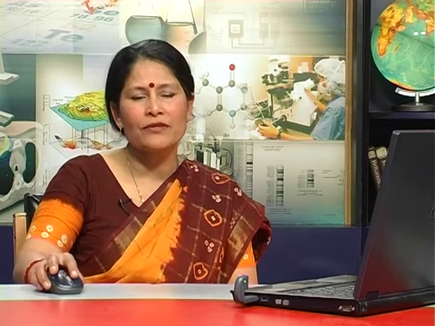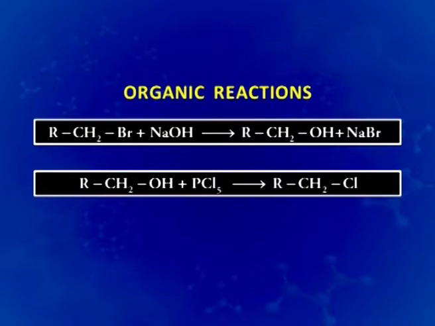Well, suppose we take an organic reaction like an alkyl halide reacting with sodium hydroxide to give an alcohol and sodium bromide. Similarly, an alcohol reacting with PCl5 and giving an alkyl halide.